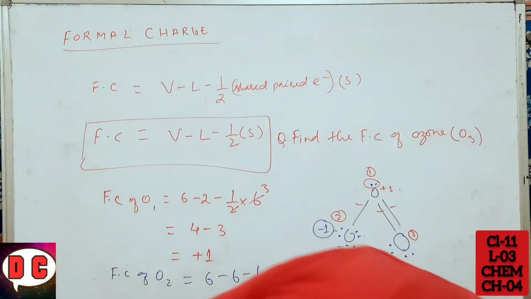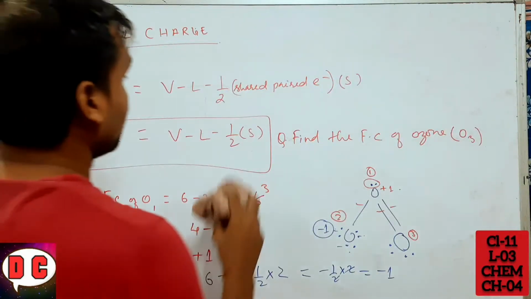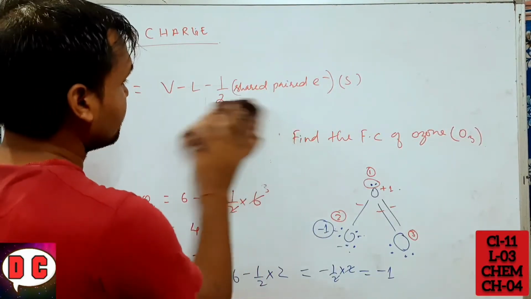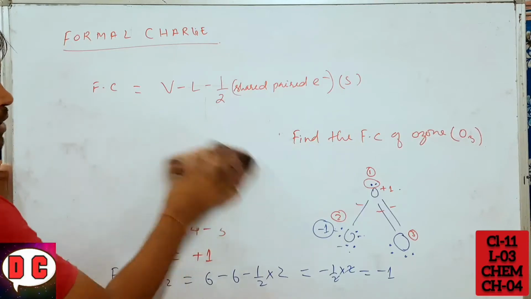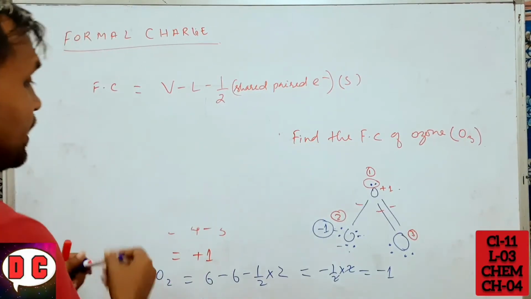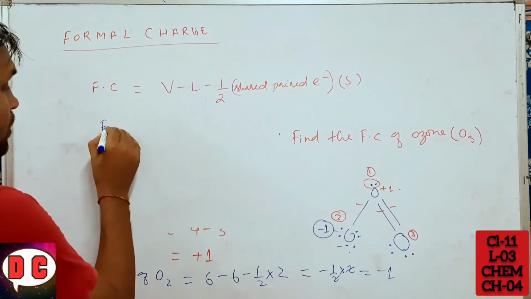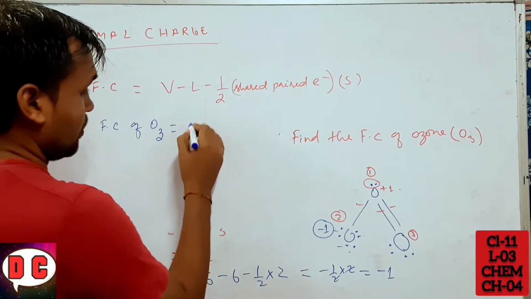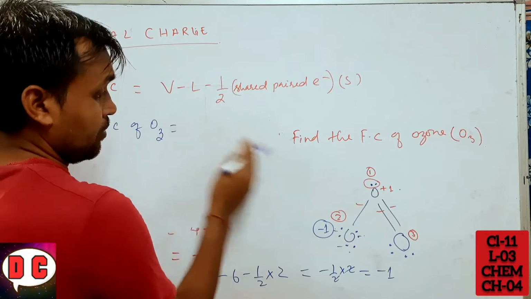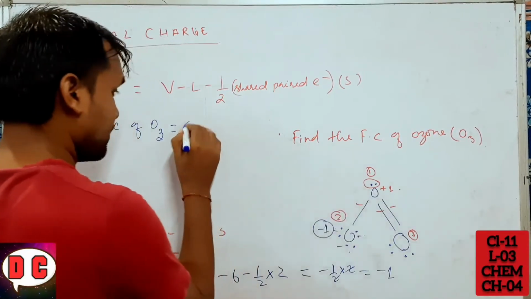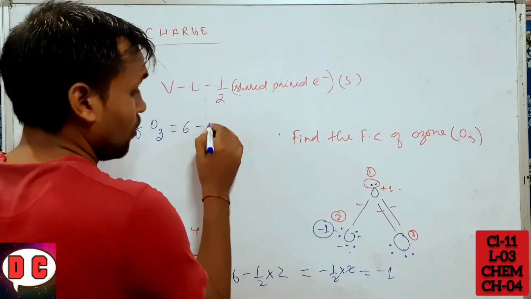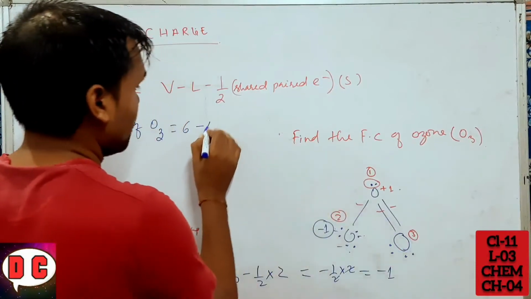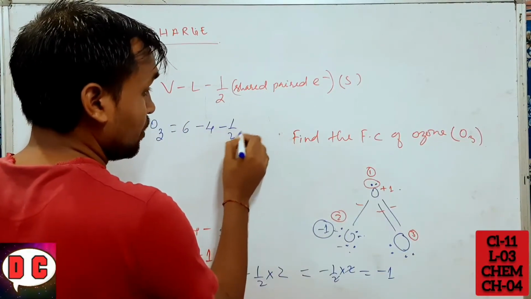Now we are going to calculate the formal charge on the third one, O3. The formula is valence electrons, which is the same, 6, for oxygen, minus lone pair electrons, which here is 4, minus half of shared pair.